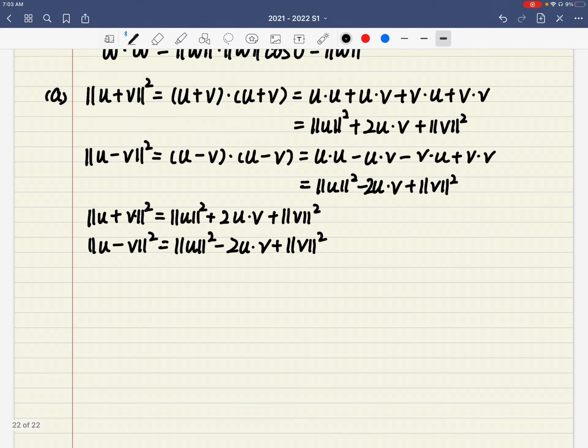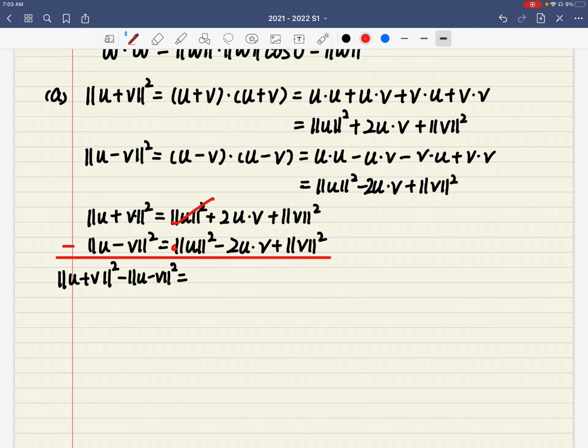Then you can just use the first equation minus the second equation. Then it's the left-hand side minus the left-hand side, and the right-hand side minus the right-hand side.